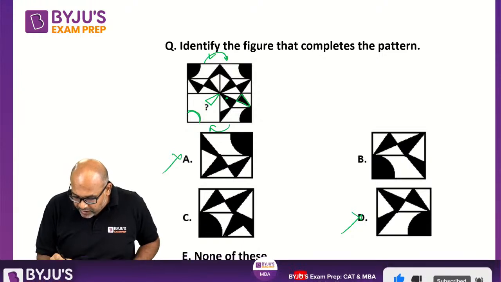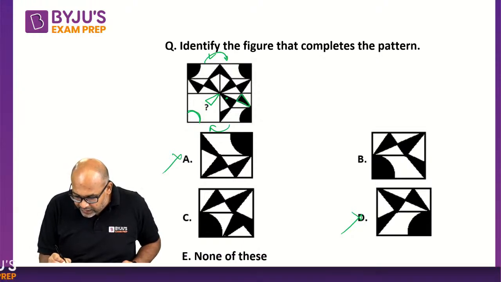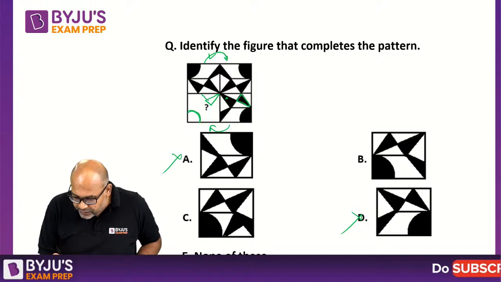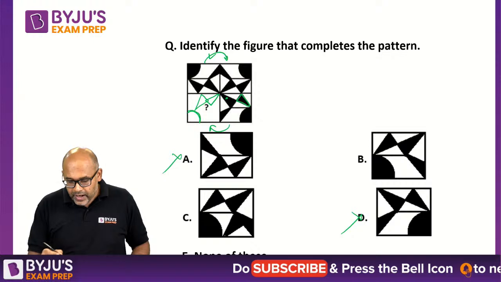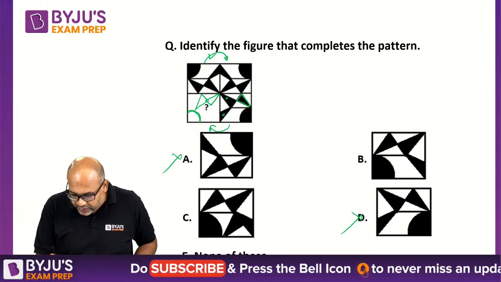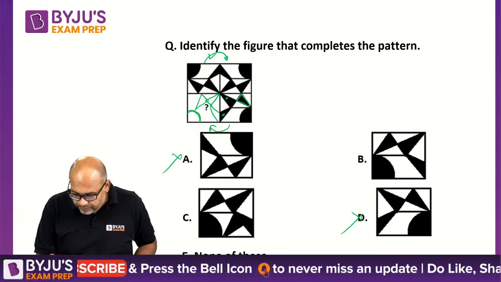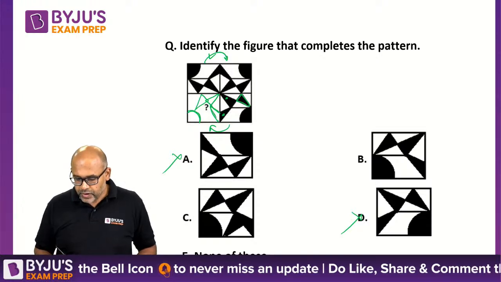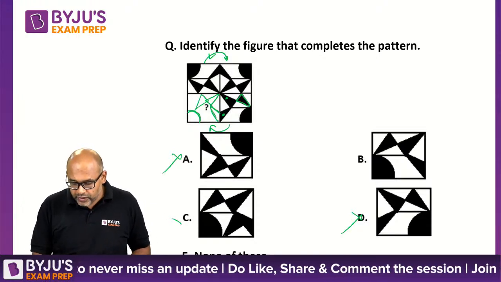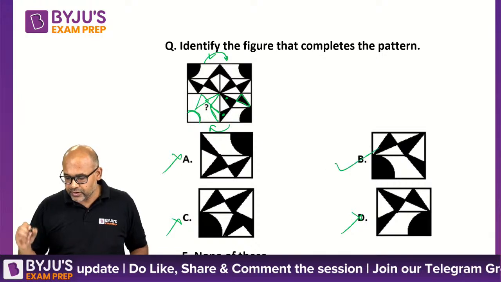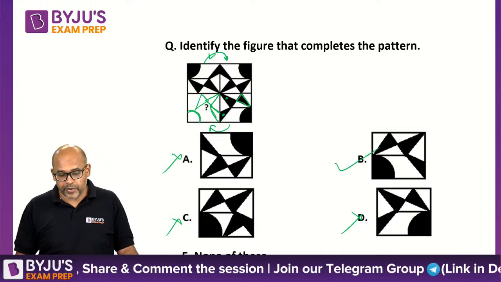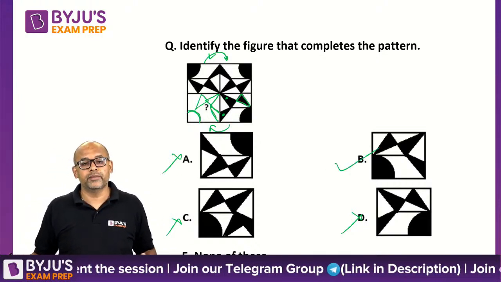If I draw a mirror image for this, this line will become this, this and this, something like this. And if I draw this, this should be over here. This pattern is not there in C, it's there in your B. So the correct answer happens to be option B.